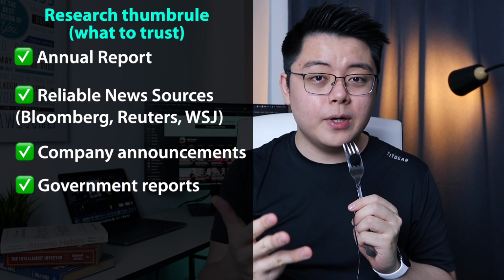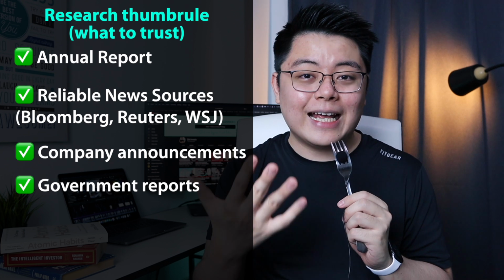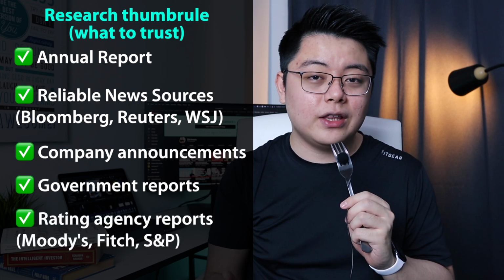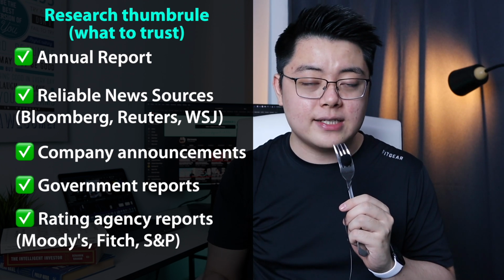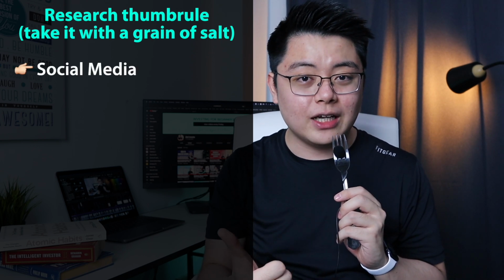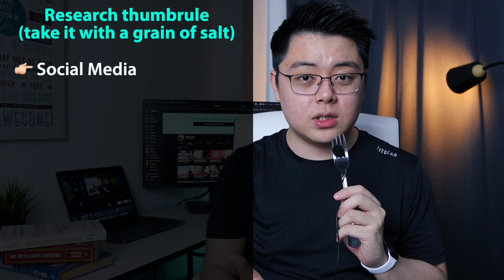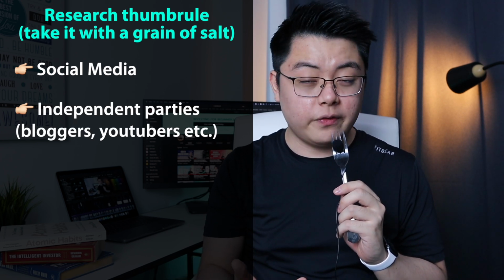Next, we can also trust company announcements as well as government reports, whether in the form of forecasts or outlooks. And lastly, we can also rely on rating agencies' reports, and that can be from Moody's, Fitch, or S&P. The next rule of thumb is to always take it with a grain of salt when it comes to social media, and that by far is the worst. Next, independent blog writers and YouTubers, take it with a grain of salt.